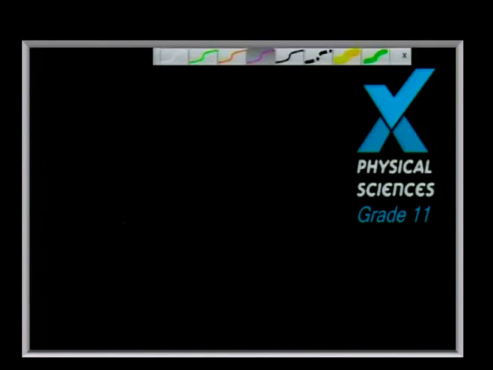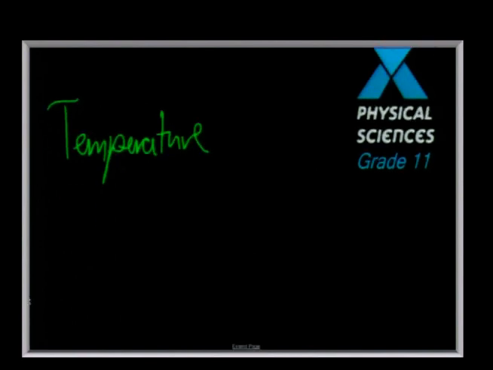We're going to look at a different relationship now. From our variables, let's look at the relationship between temperature and pressure. Temperature is going to be one of our variables, and the second variable that we're going to look at is pressure.